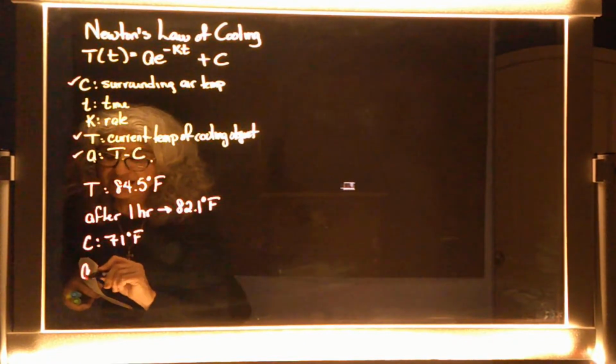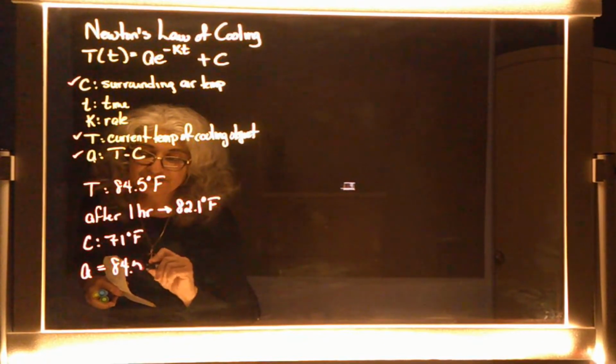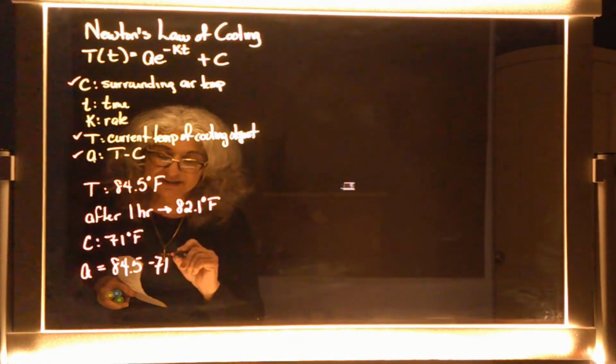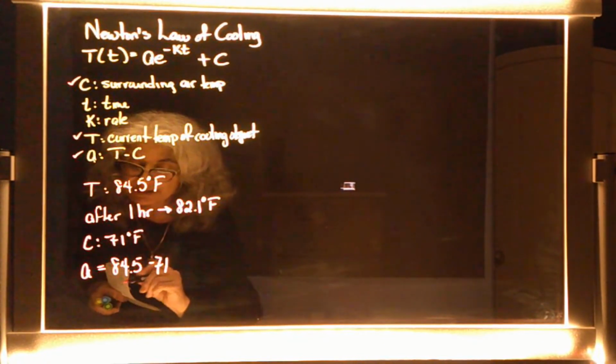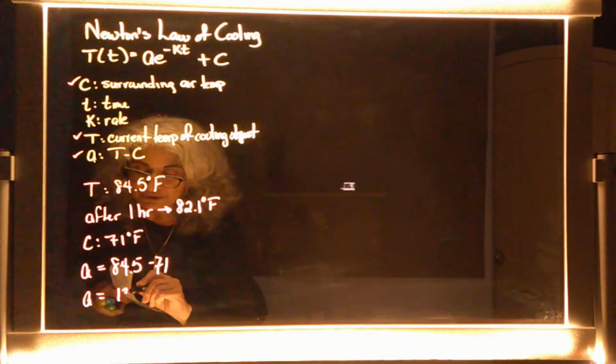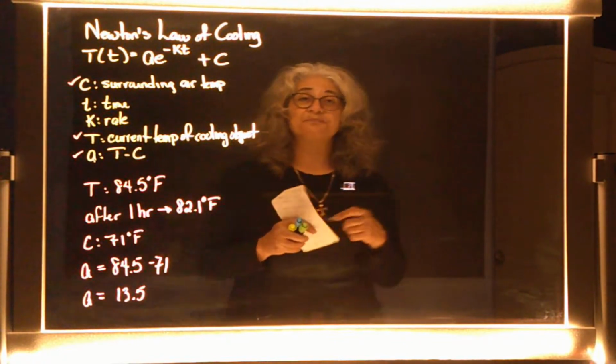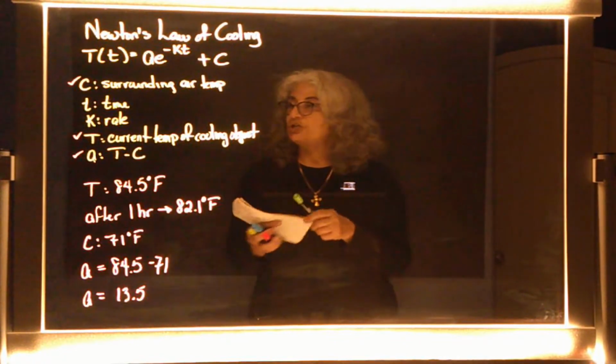So they actually gave me A, and I can find A by taking the difference. Obviously, I need to subtract in the correct order, correct? And I notice that A is equal to 13.5. Do you agree with that? Okay.